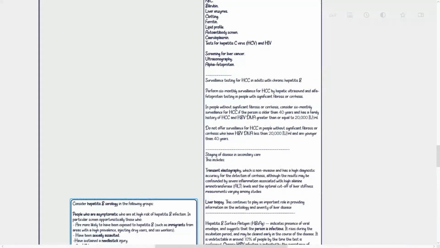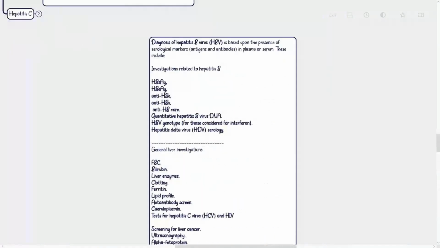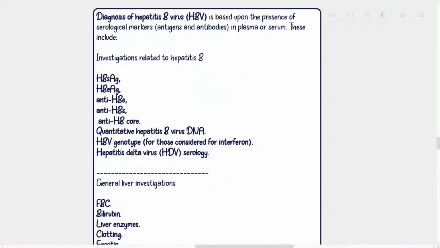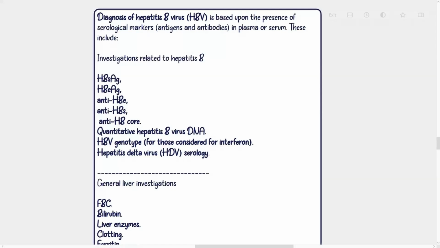Diagnosis of hepatitis B virus, HBV, is based upon the presence of serological markers, antigens, and antibodies in plasma or serum.